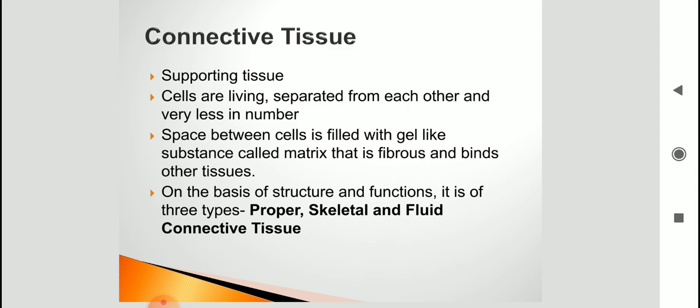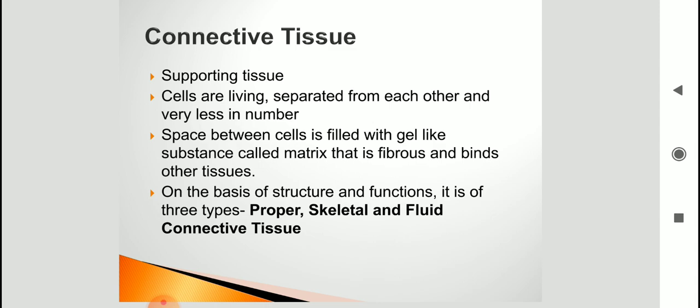Plus we have fluids in our body, that is the blood and lymph, and all of these come under connective tissue. The cells are living and less in number, and they are separate from each other, not compact. There is a lot of space between the cells, and that space is filled with a gel-like substance called matrix.